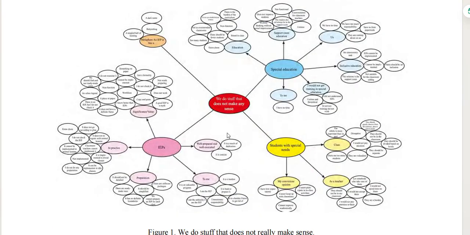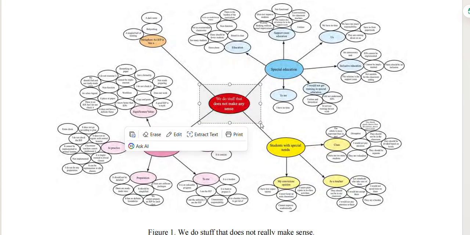Looking at figure 1 of this research, the researcher used a concept map. The central colored shape represents the core theme, and the surrounding major categories represent sub-themes.